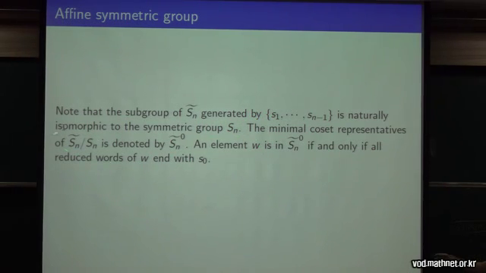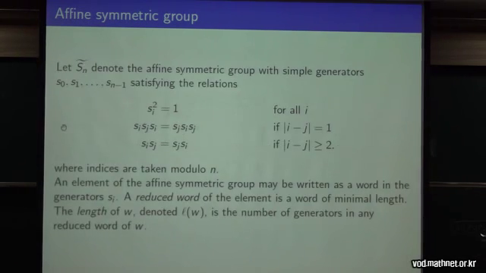The minimal coset representatives, S_n tilde modulo S_n, form an index set of the affine Grassmannian. Another way of saying this is that an element is in this set if and only if all reduced words of w end with s0. That's the set for the affine Grassmannian, and the whole affine symmetric group is an index set for the affine flag variety.